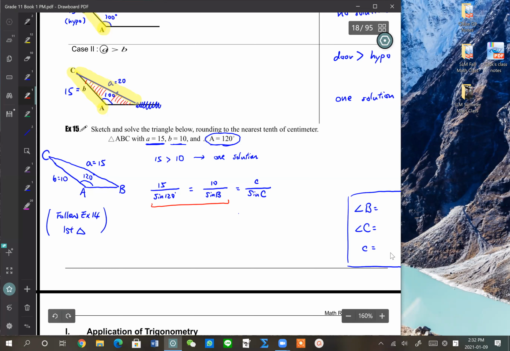You cannot find angle C first because you're missing side C. You've got to find the one that has only one missing.